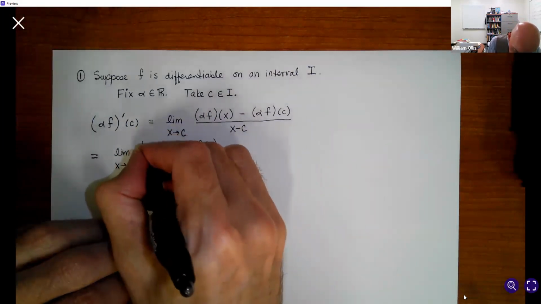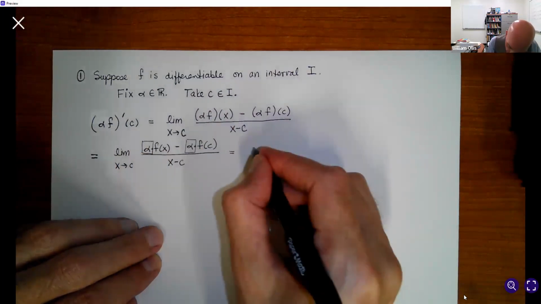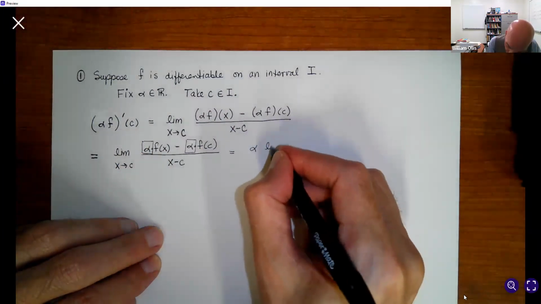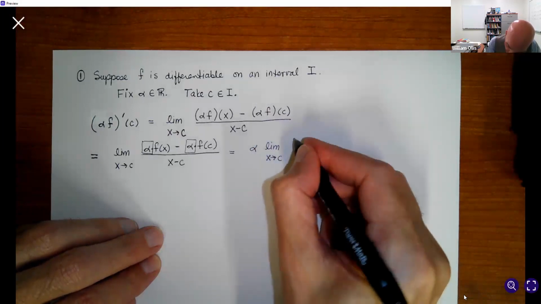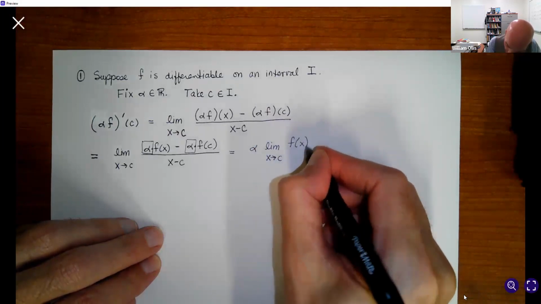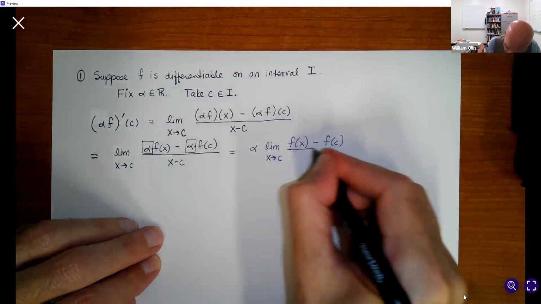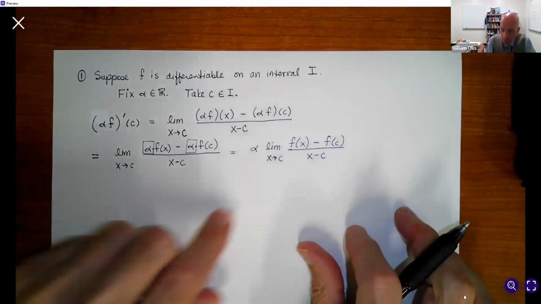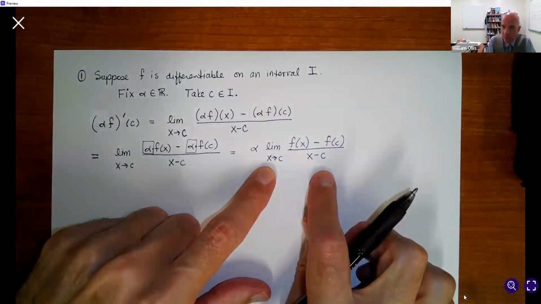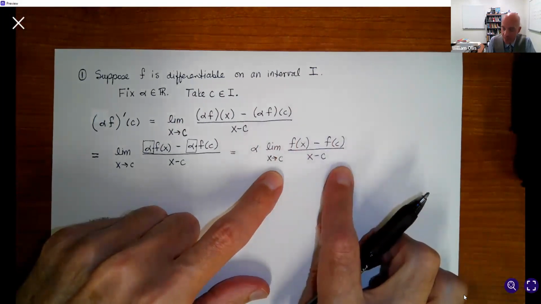If you want, you can just put boxes here to say we've got this common factor. And so this will be alpha times the limit as x approaches c of f of x minus f of c divided by x minus c. Now, of course, at this point, we're pretty much done because now this just defines f prime of c by definition.